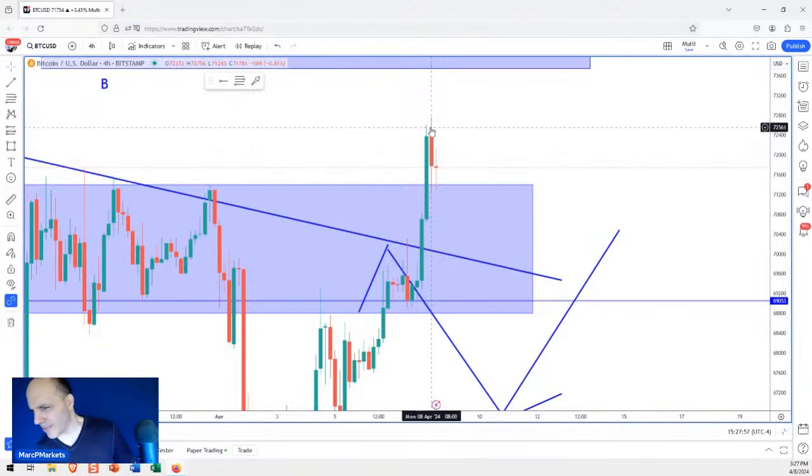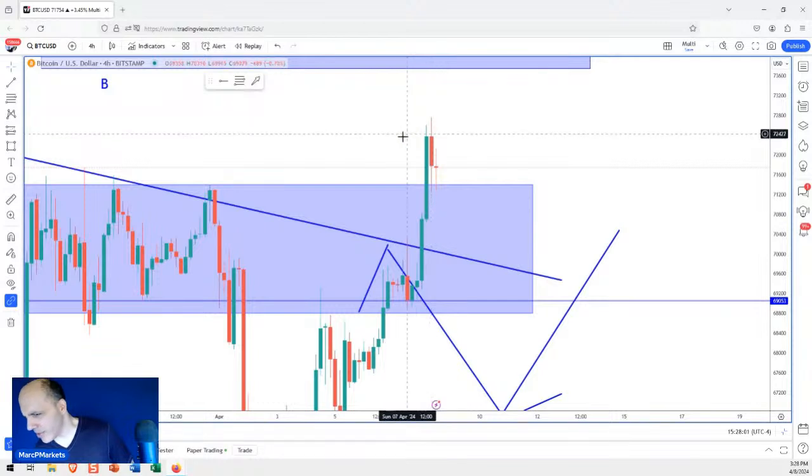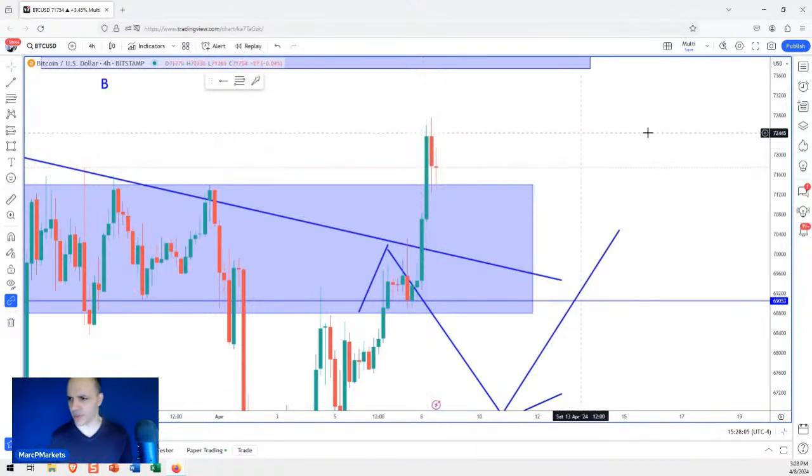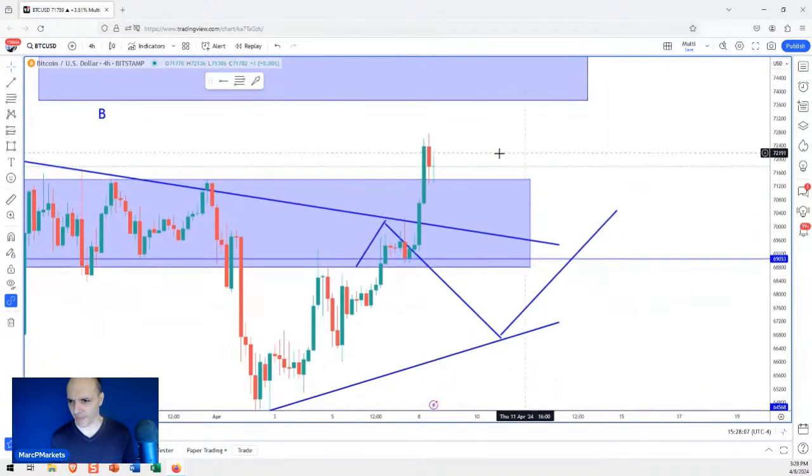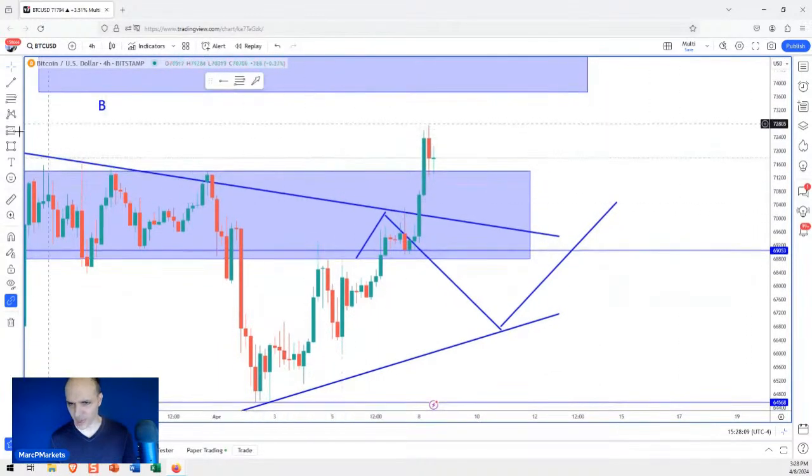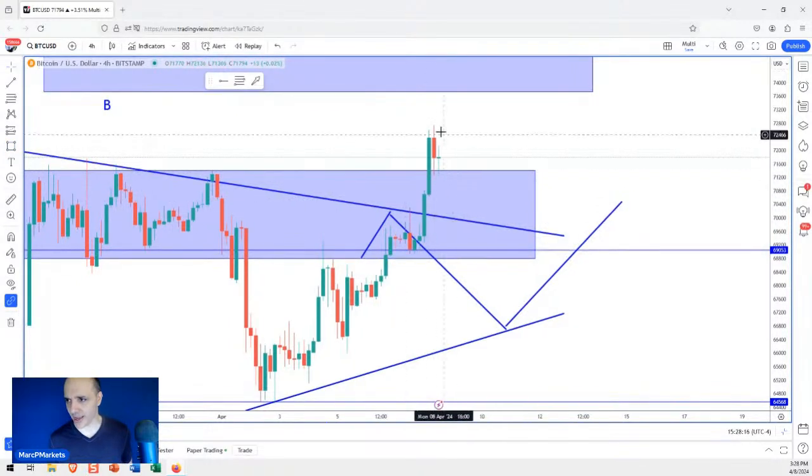The low at the time, I think, was 68.5. No, that can't be. That must have been this candle here. I put the price in there. Hold on a second, that was over here, I think. I don't remember, but I shared this on the 4-hour, so it had to be around here. I must have misread the price.